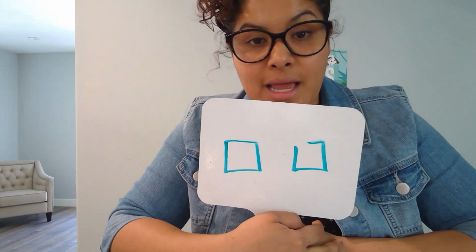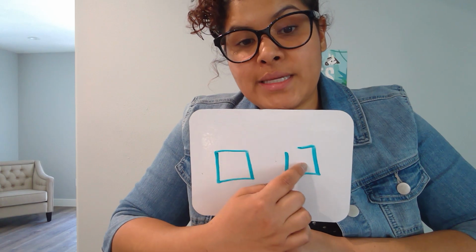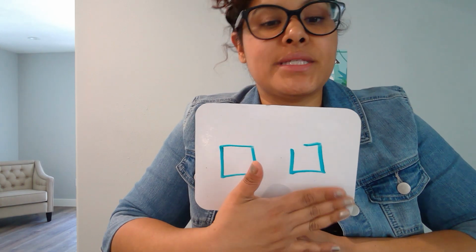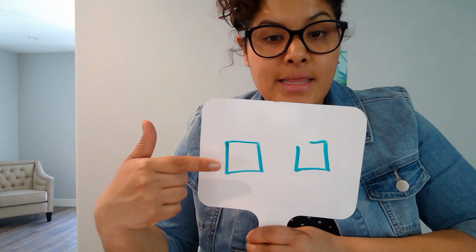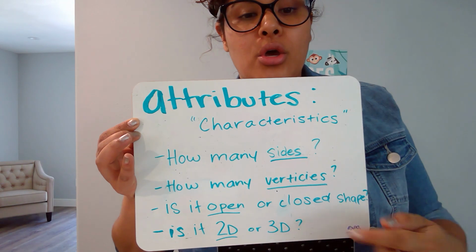This side right here also does not connect to any other side. There is an open space here. So this is an open shape and this is a closed shape. Okay? So with shapes, we can describe them as being open or being closed.